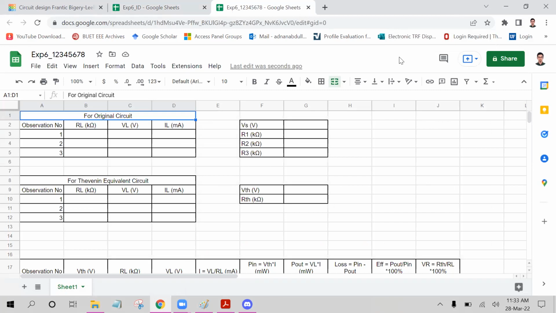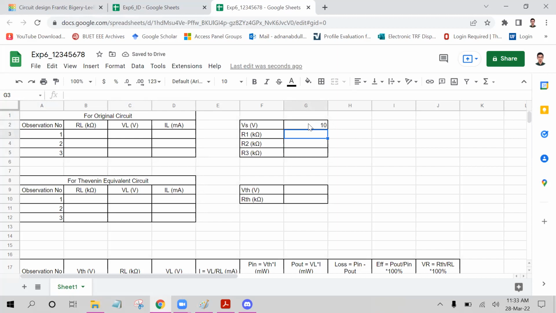Okay. Has everyone made a copy? Now, first of all, please fill up this small table. We have just set these values in Tinkercad. So according to that, please fill up this table. For everyone, Vs is 10 volt.